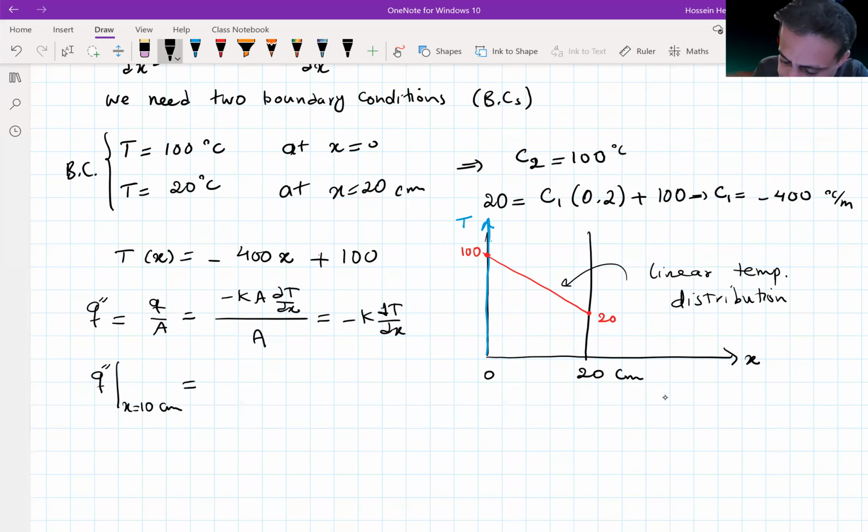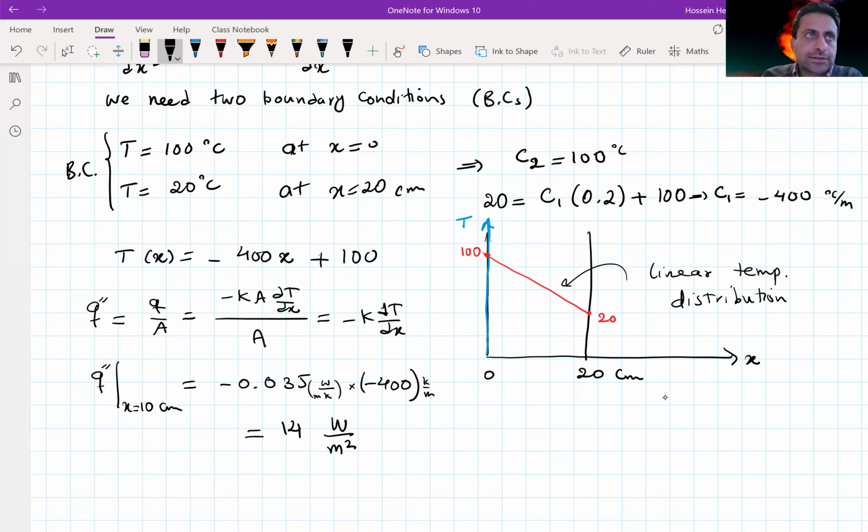It's going to be minus k, which was 0.035, with a unit of watt per meter Kelvin, times dT/dx. If you take the derivative, it's going to be minus 400, which has the unit of K per m. So if you do the multiplication, we end up with 14 watt per meter square. So this is the flux.